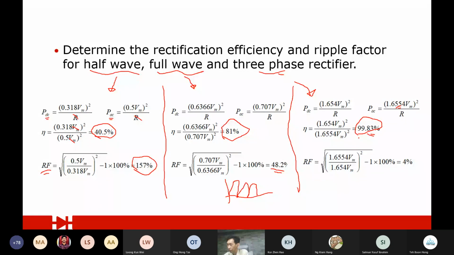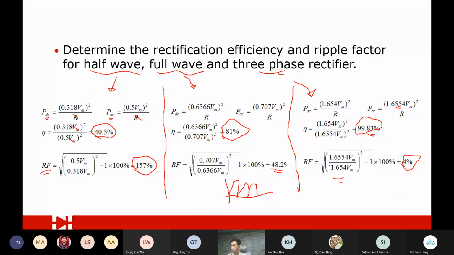And then when you use this to calculate the ripple factor, you can see that it goes all the way down to 4% only, which is less than 10%. Of course, in the real one, we usually make it very low, some less than 1% and so forth. Just like in our DC-DC converter, remember we use like 2% or 1%.